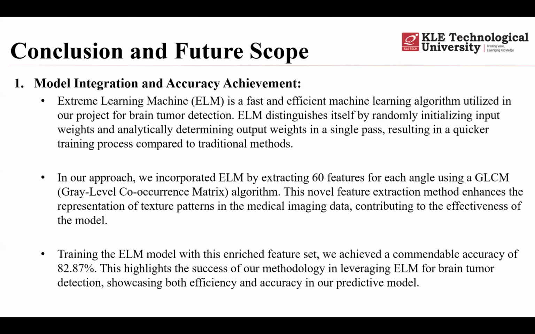Yes ma'am, we have. As I discussed in the advantages of ELM, it has the ability to explain the complex processes that underlie the prediction. ELM is also a very easy and basic model. It does not require heavy computational resources to be implemented.